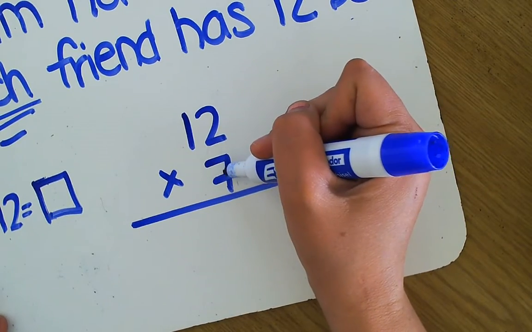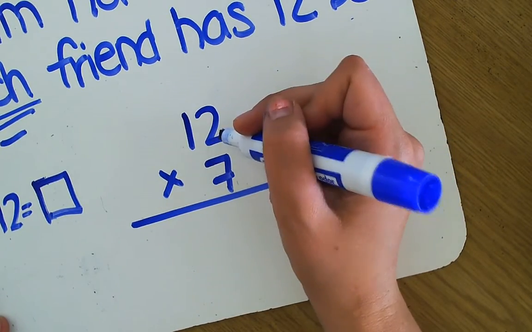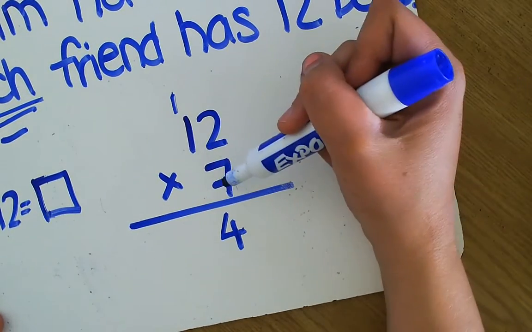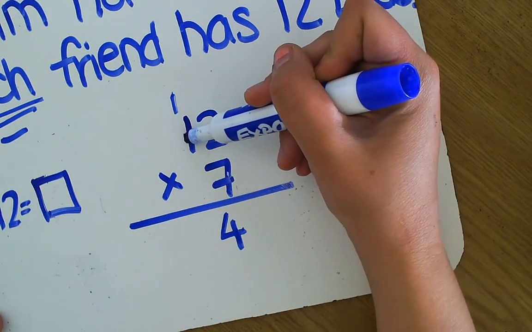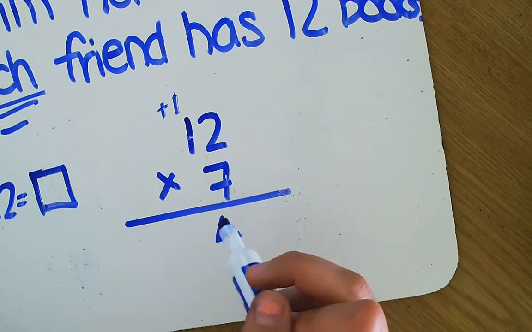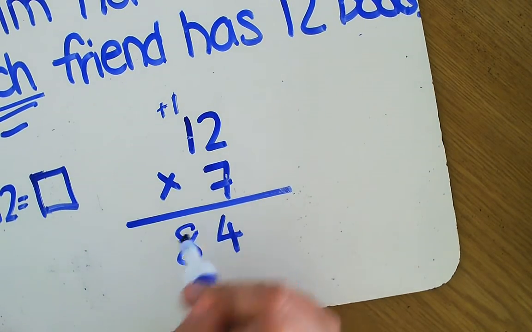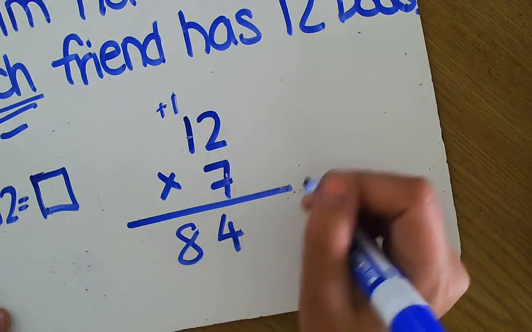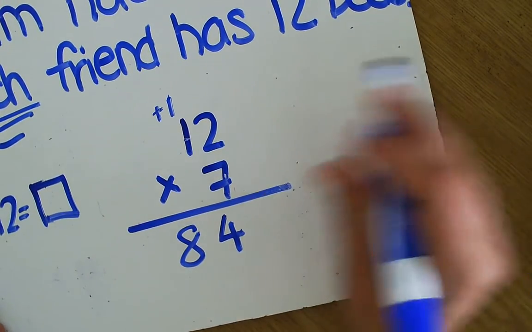So 2 times 7 is 14. I'm going to put my 4 here, carry my 1, and then I'm going to go 7 times 1 is 7, and then I'm going to add that 1, so 8. So my answer is 84. All of his friends have 84 books altogether.